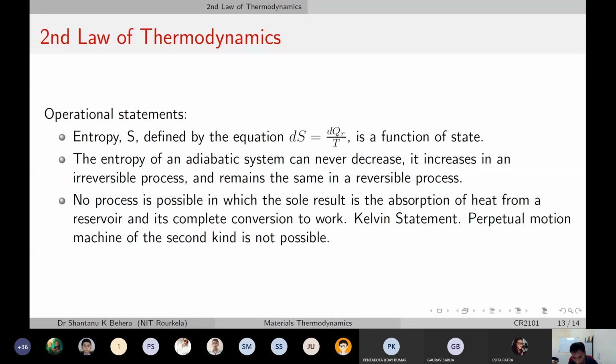So that brings us to the formulation of the second law, with regards to entropy, and the various forms of the second law. I've listed only 2 or 3. There are statements by Planck, by Clausius, by Kelvin, and another statement by Caratheodory.